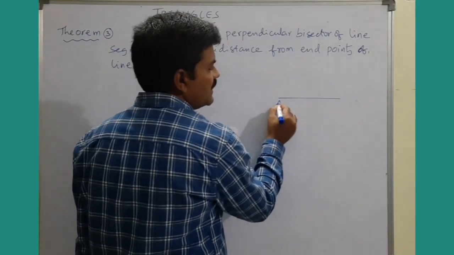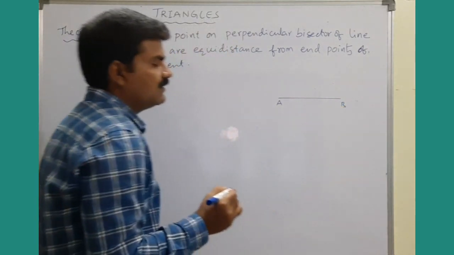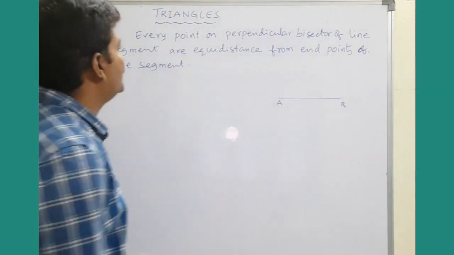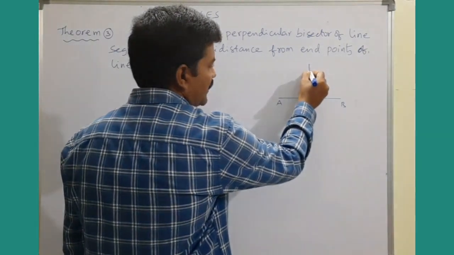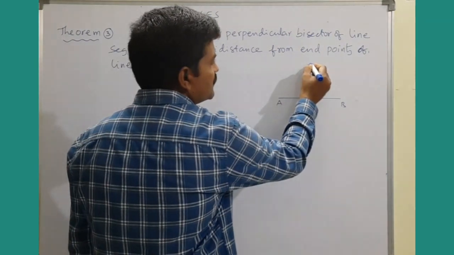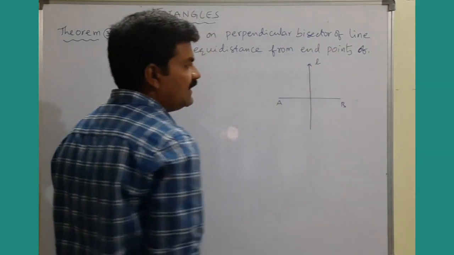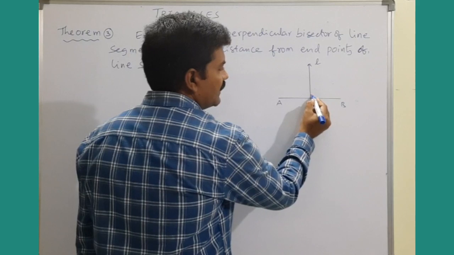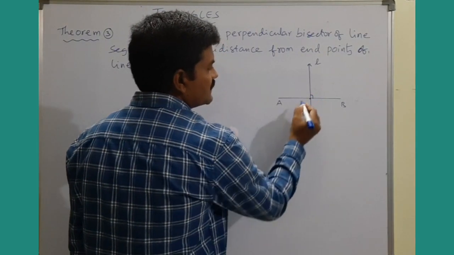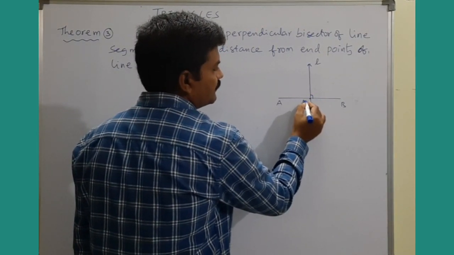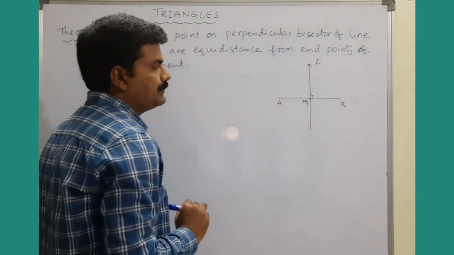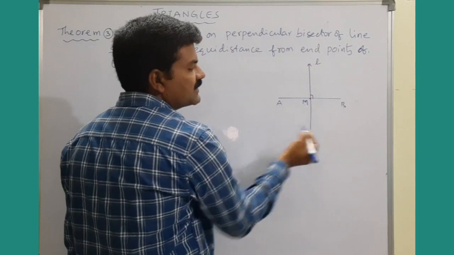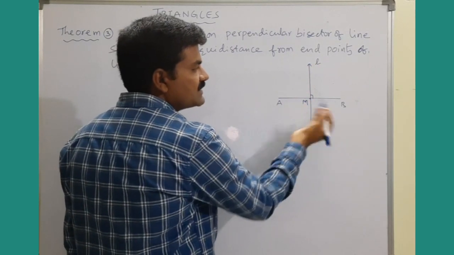Say suppose A and B are the endpoints of a line segment. Okay, and draw a perpendicular. Say suppose this is a line, say L is the perpendicular, at say some M. Now every point on this perpendicular will be equidistant.